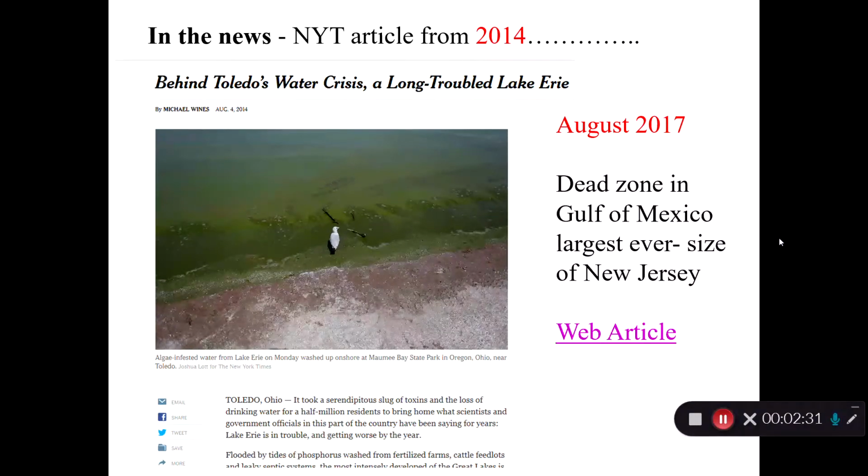So this is just some news articles associated with that, like this New York Times article from 2014 when this eutrophication event happened in Lake Erie and affected Toledo's water supply.